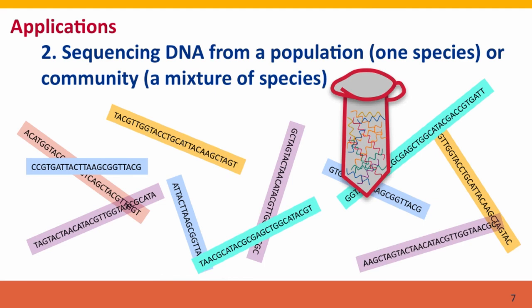Now, a second application is that rather than sequencing one genome, we can sequence a mixture of DNAs from different sources: DNAs from all the members of a population or from all the species in a community. For instance, you can scrape the bacteria off your teeth and extract the DNA from this mixture of bacteria and sequence it.